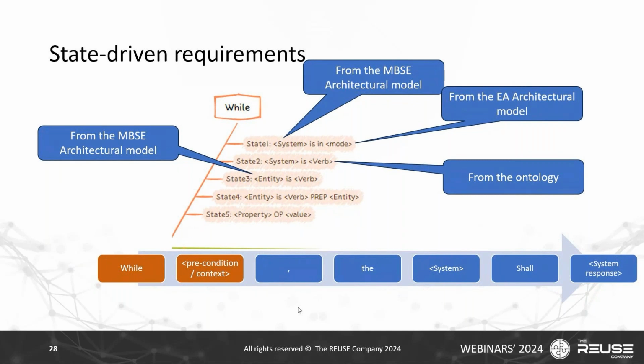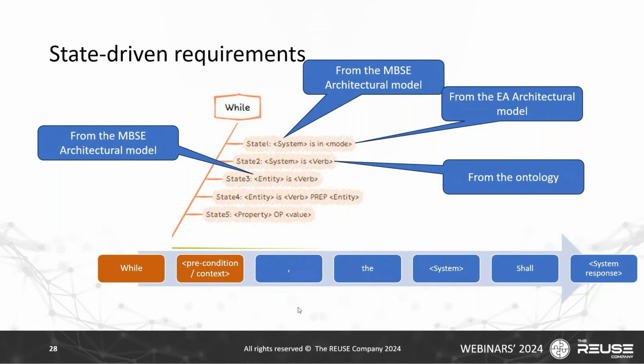We have taken this precondition after the while keyword, and we have come out with different potential ways to represent this precondition, like the name of a system, coming from your modeling tool, which is in a given mode. This slide is coming from Enterprise Architect, but it could be whatever other modeling tool.